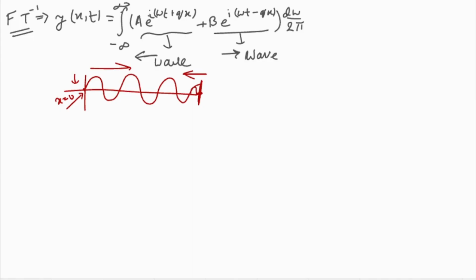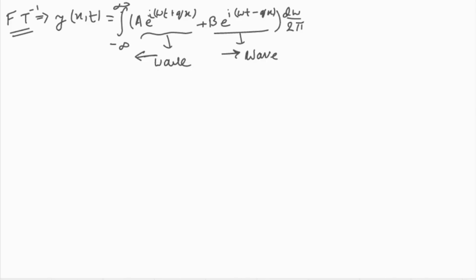If it were also fixed over here, then the wave would have bounced and interfered and there would have been much more interesting things, but that is not going to happen. So we can say that our amplitude of the left moving wave is 0.